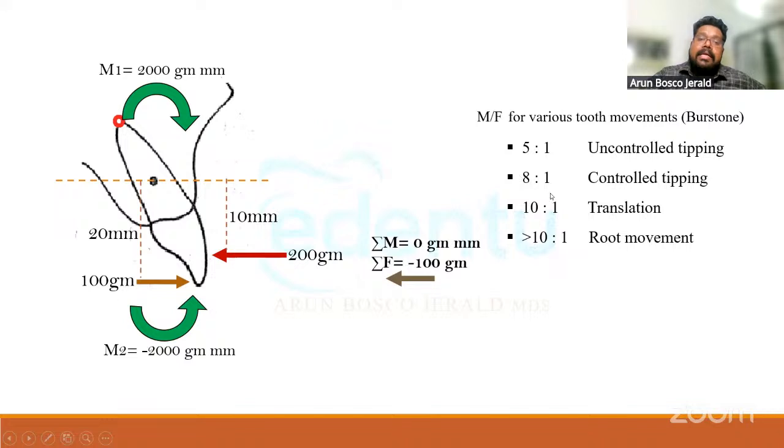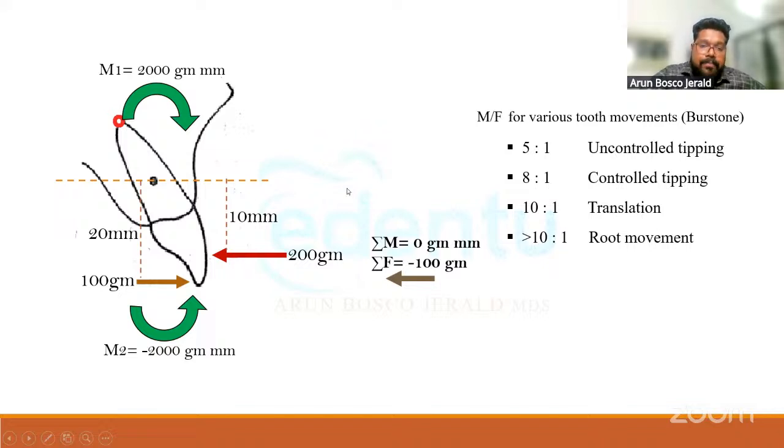That means the counteracting moment is more. That means it will give a controlled tipping. Suppose it is 10:1. That means the moment, because of the counteracting force, is 10 times that of this force. That means which is equal to the distance between the center of resistance and point of force application. If it is 10, then it is a translation.